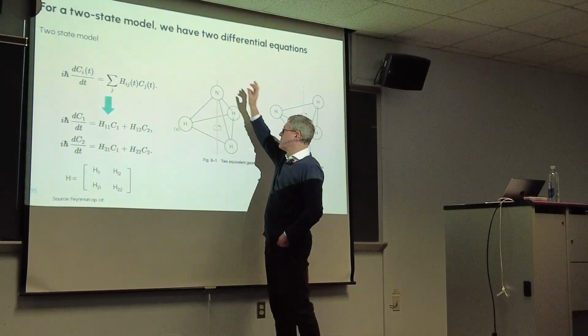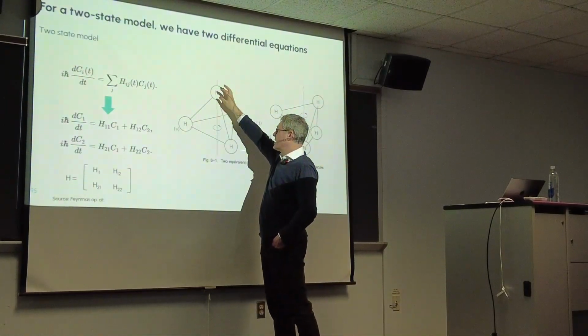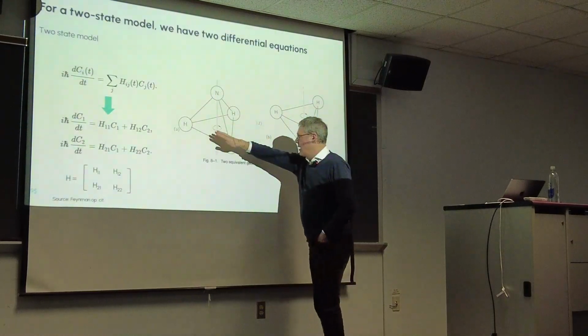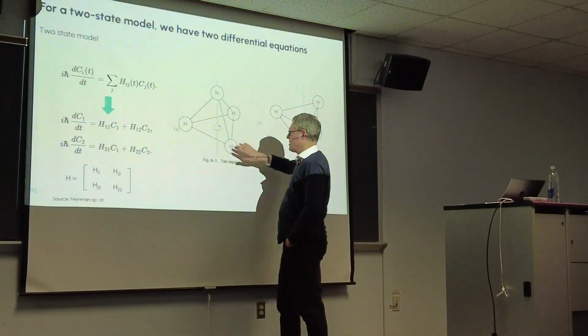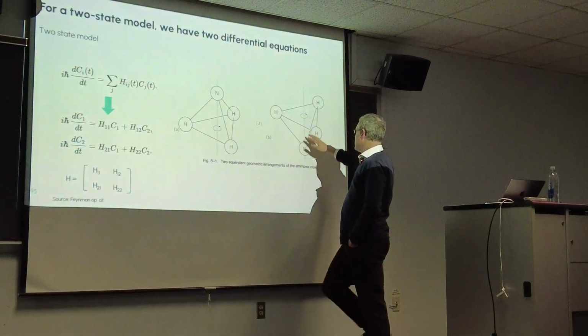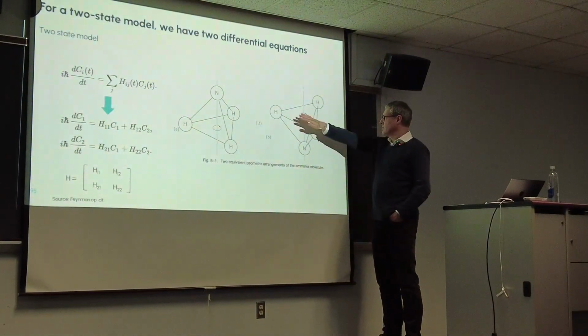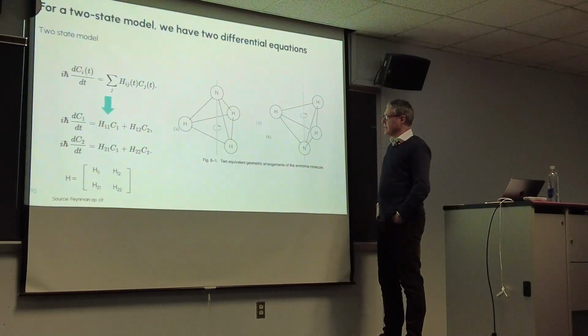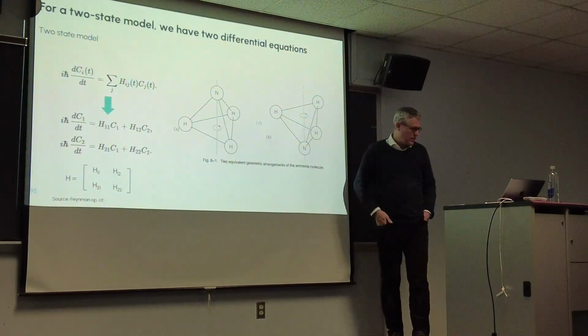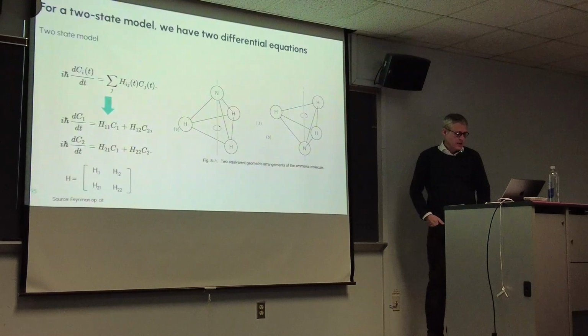In this state, the nitrogen is up above the symmetry plane formed by the 3 hydrogen atoms, and in this state it is below this plane of symmetry formed by the hydrogen atoms. And so, of course, this model is, he writes himself, totally wrong.